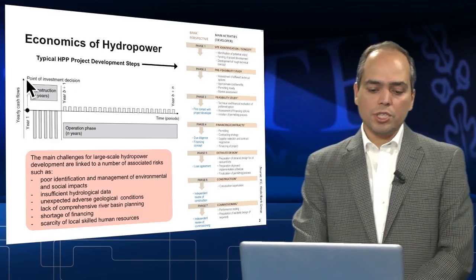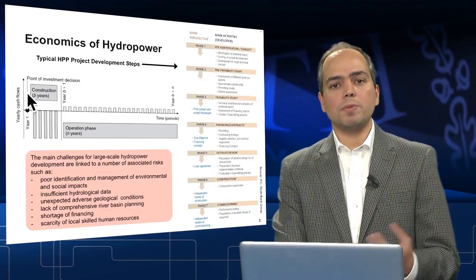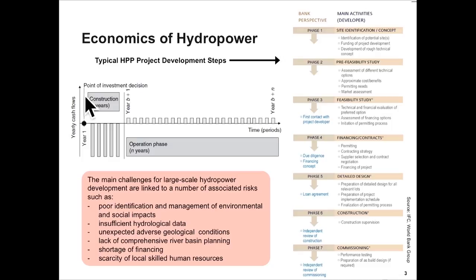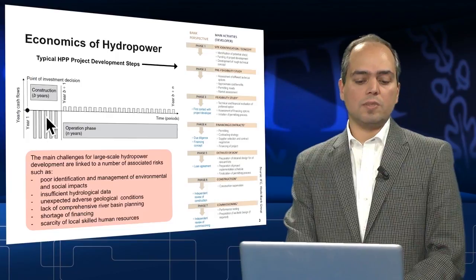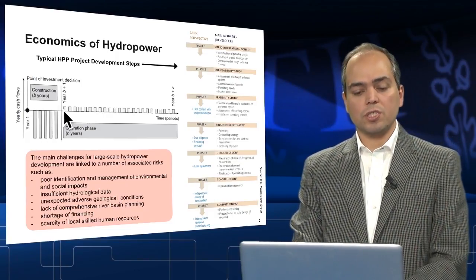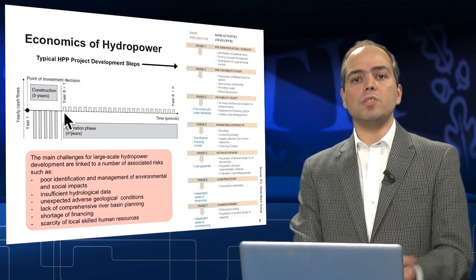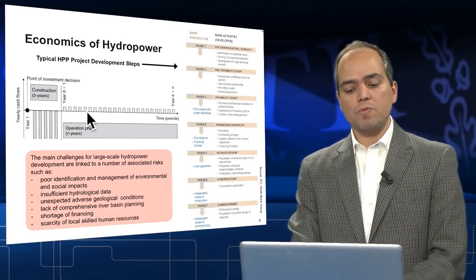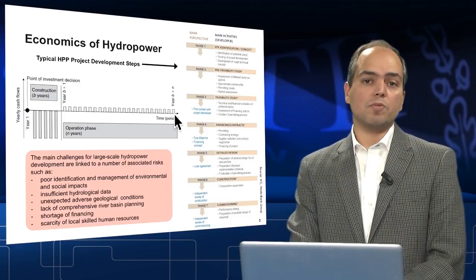So this chart here shows the economic principle of levelized electricity production calculations. This is the yearly cash flow. In the early years, you have to pay money, you have to invest in the project. So that's why it's minus. And then after several years the project starts to produce energy, then there is an income to the project which goes along the lifespan of the project.